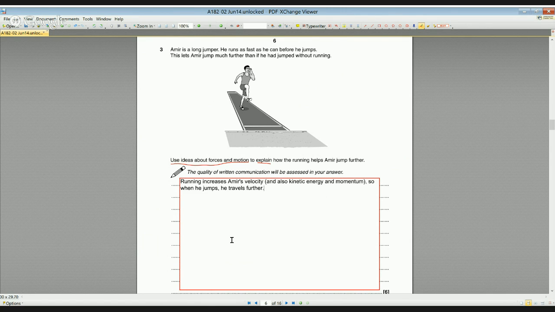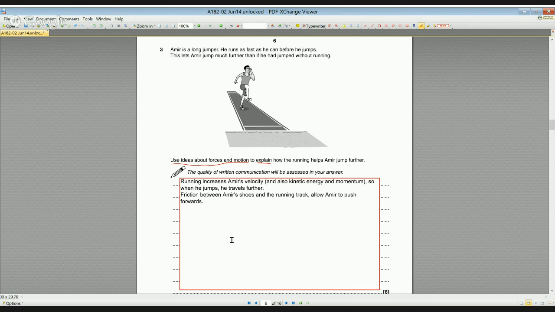It's worth noting, we've talked about motion there, we haven't talked about forces. It does say to talk about forces, so it may well be worth us quickly explaining how forces allow Amir to run. So friction between Amir's shoes and the running track allows Amir to push forwards.